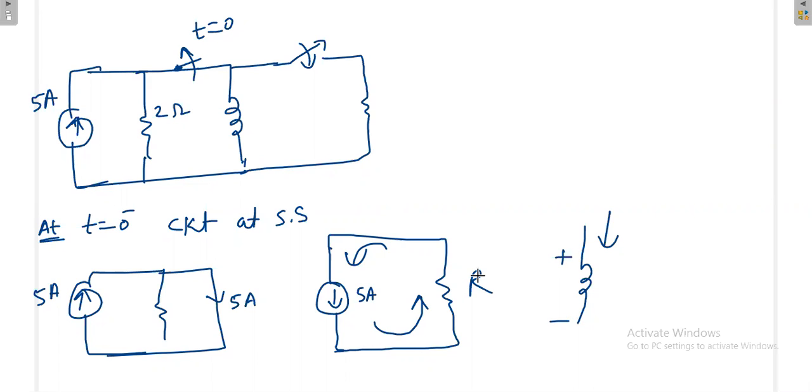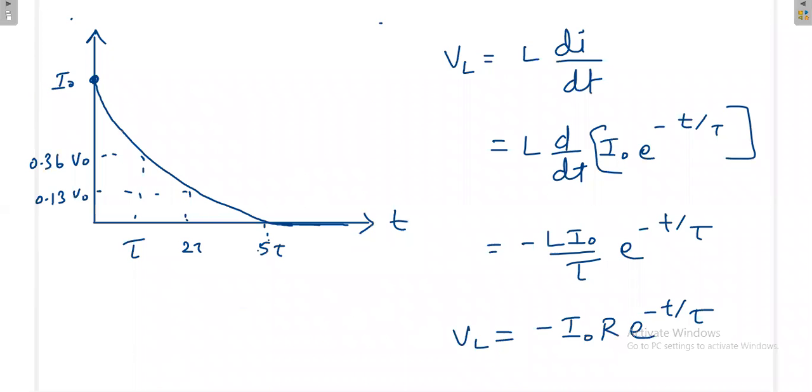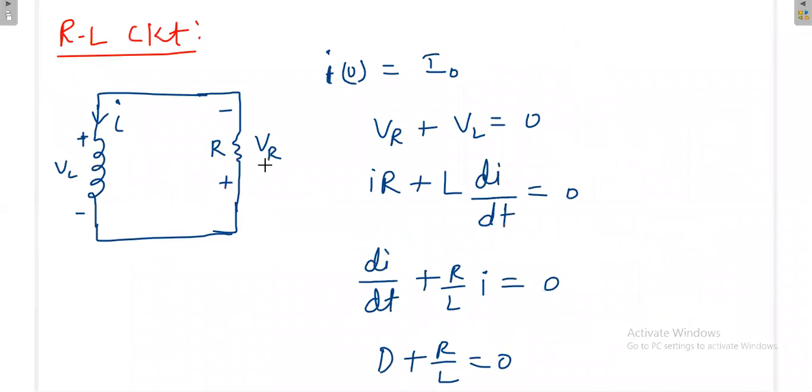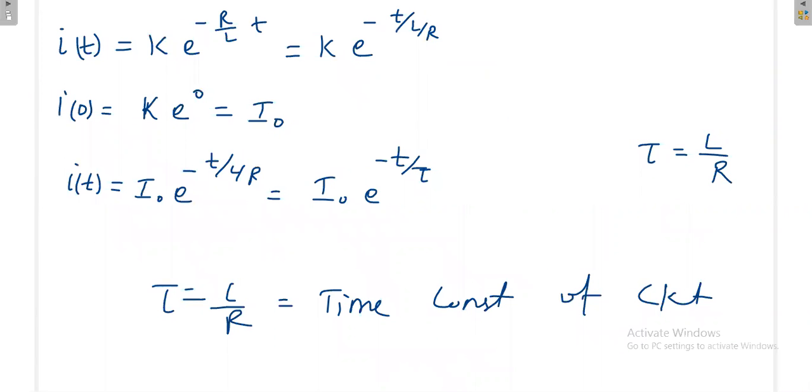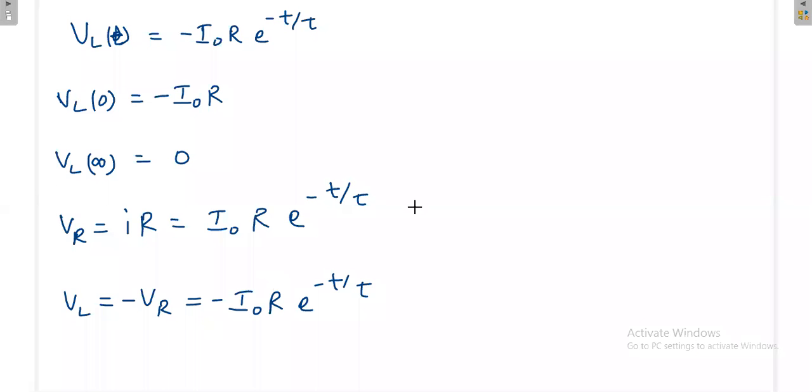Then how we took the voltage of the resistance, we took like this, so this voltage is correct, because really the current is going in this manner. The voltage across the resistor is I naught R e power minus t by tau. That means the voltage across the resistance is really positive.